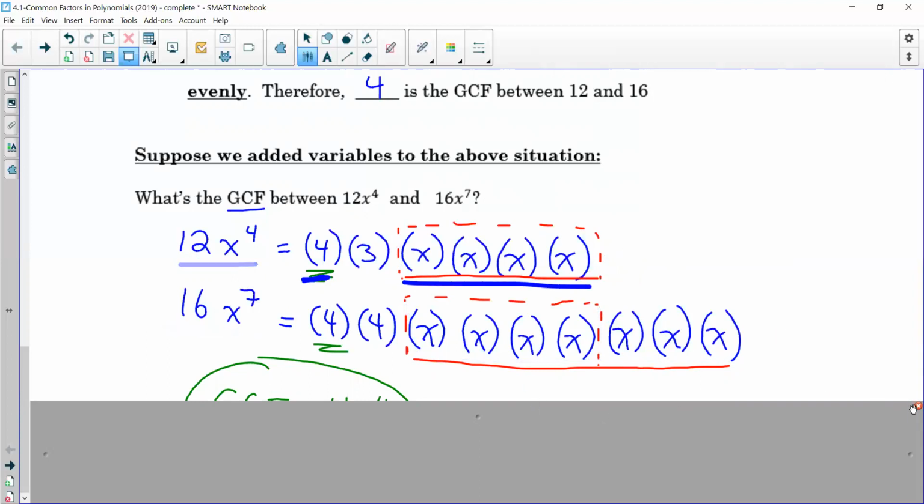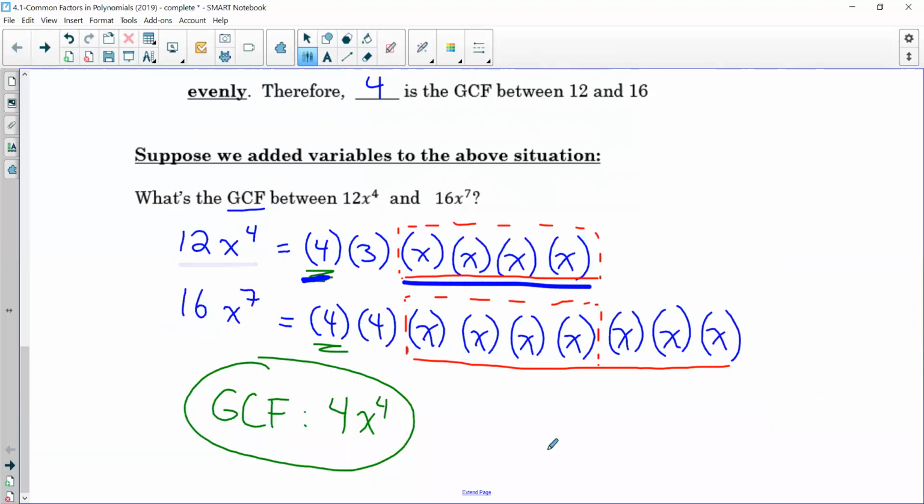So that tells us that the greatest common factor for these two expressions, 12x to the power of 4 and 16x to the power of 7, is 4, because it's the greatest common factor between 12 and 16, and x to the power of 4, because it's the greatest common factor between x to the power of 7 and x to the power of 4.